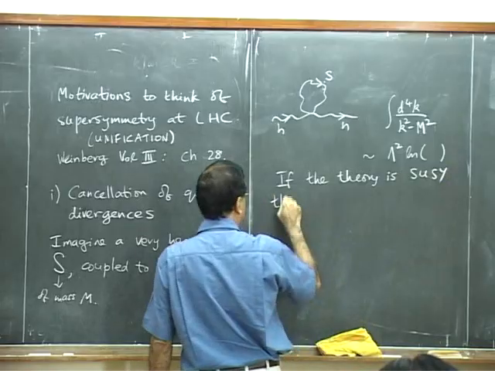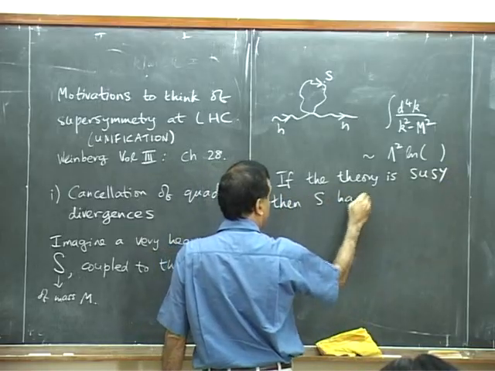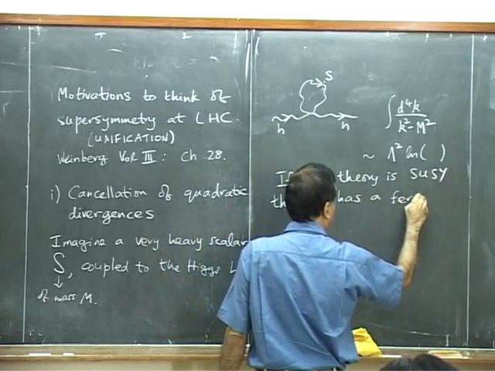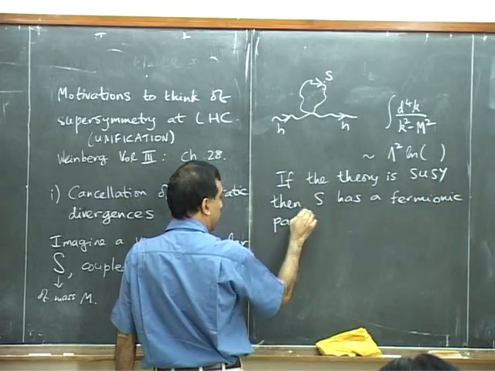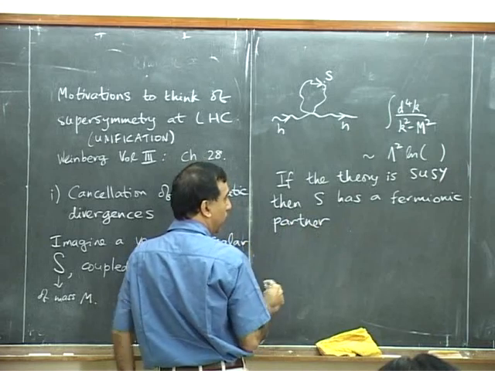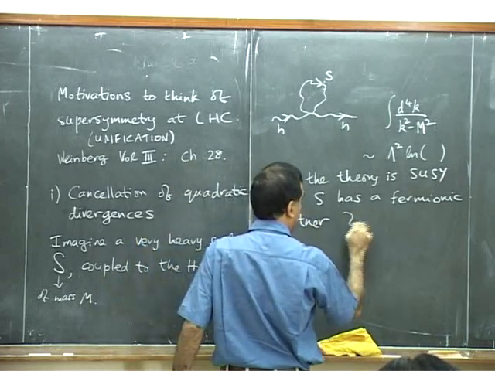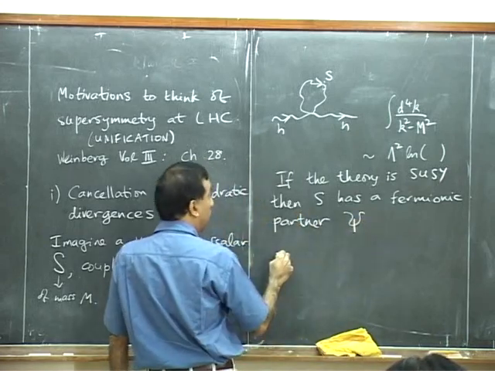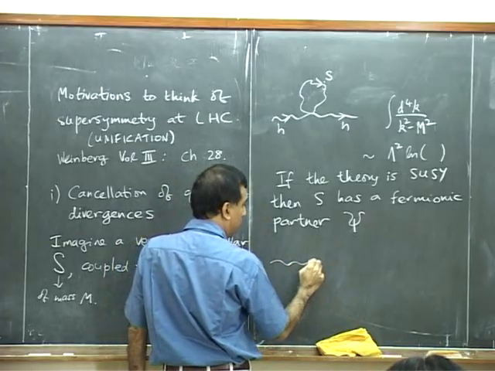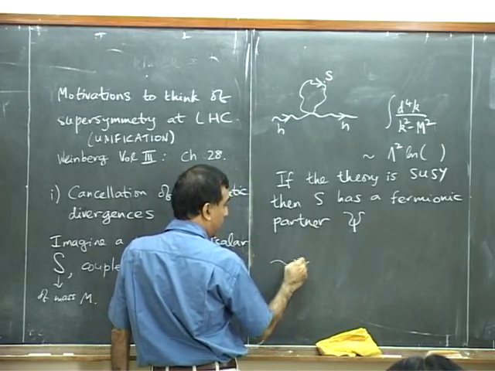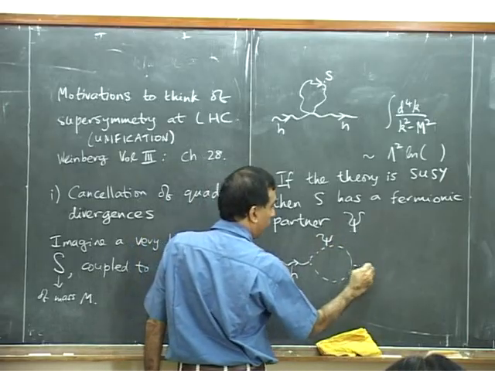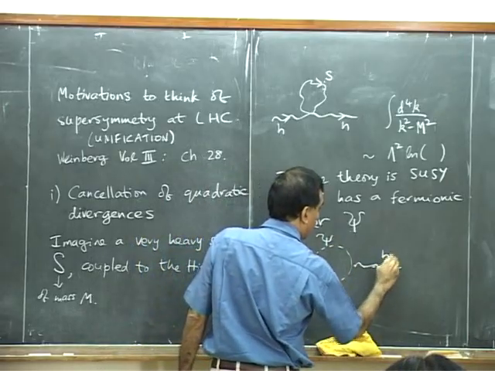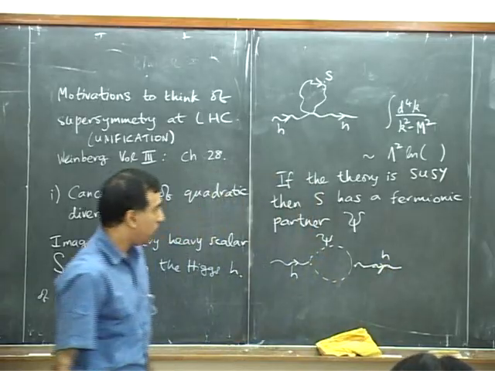then S, that heavy scalar, has a fermionic partner, because this heavy scalar will by assumption be part of a chiral superfield. There will be a fermionic partner, let's call it psi, and then there will be a coupling dictated by supersymmetry in which the Higgs, the same Higgs, will come in and go into a loop of psi and go out as Higgs.